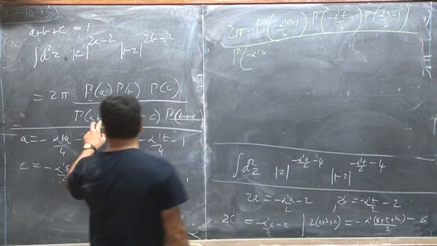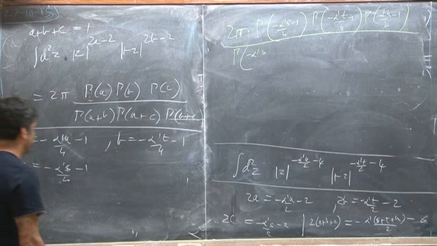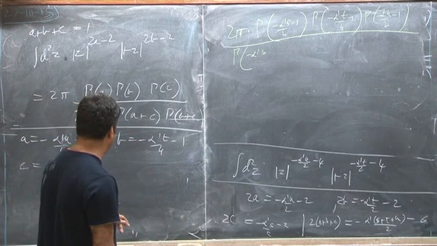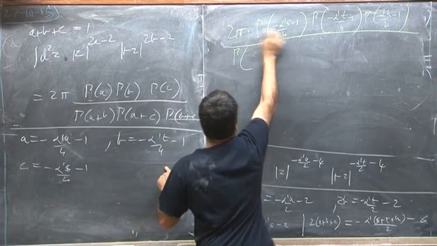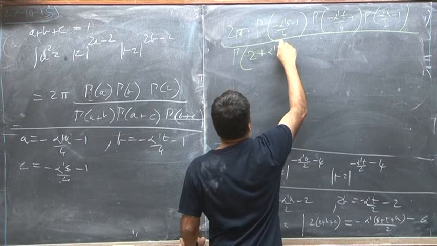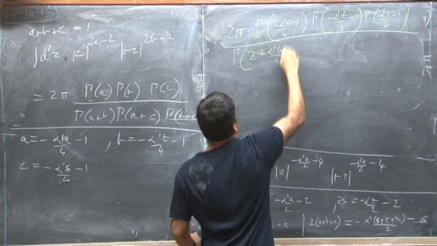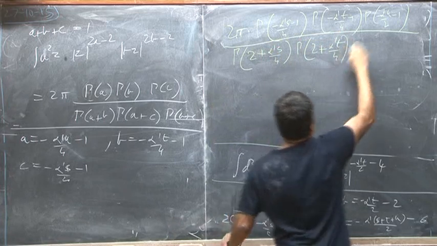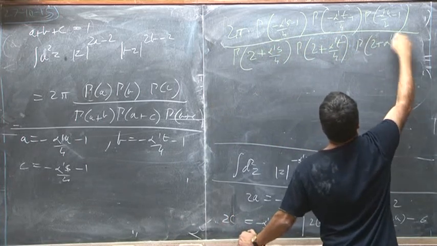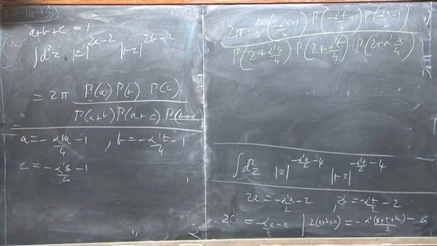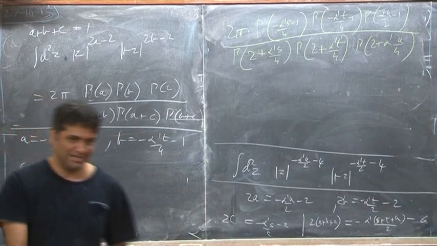Now maybe we can simplify A plus B because it's 1 minus C. So that's 2 plus alpha prime s by 4, 2 plus alpha prime t by 4, 2 plus alpha prime u by 4.